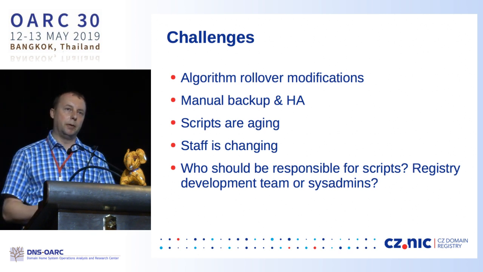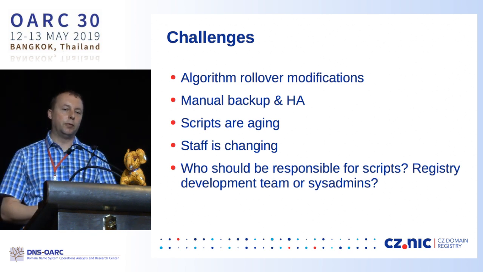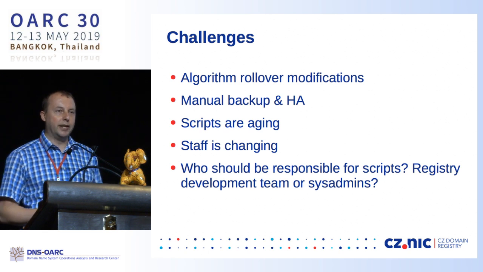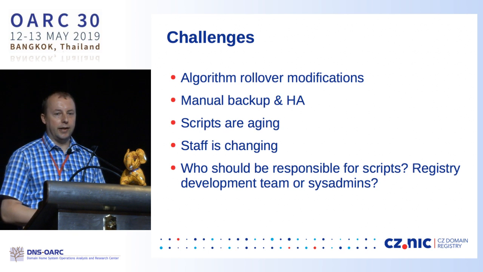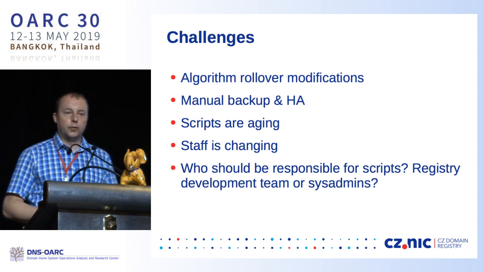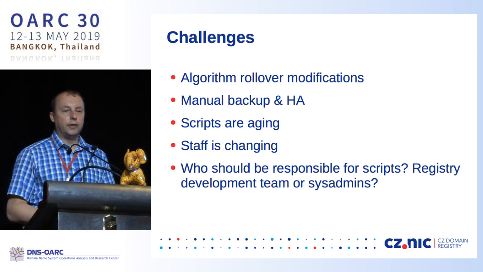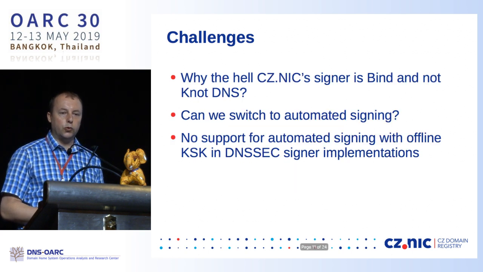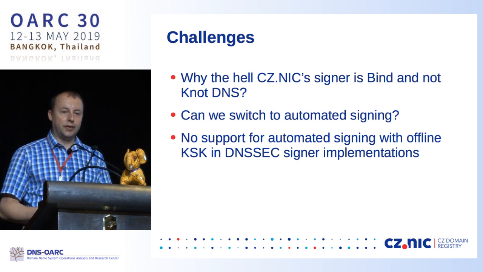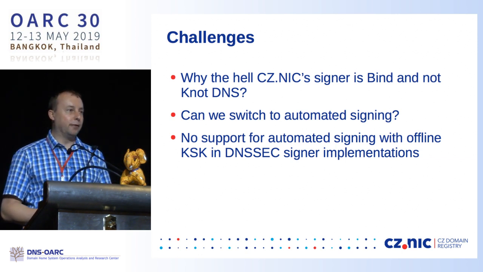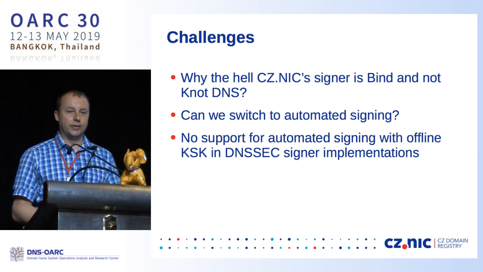And the people in the registry development said, we don't want to care about DNSSEC, that's scary, so keep that in your hands. So we definitely had to decide what to do next. And the ultimate question that we always need to answer is, why the hell is CZ.NIC using BIND for signing and not Knot DNS?